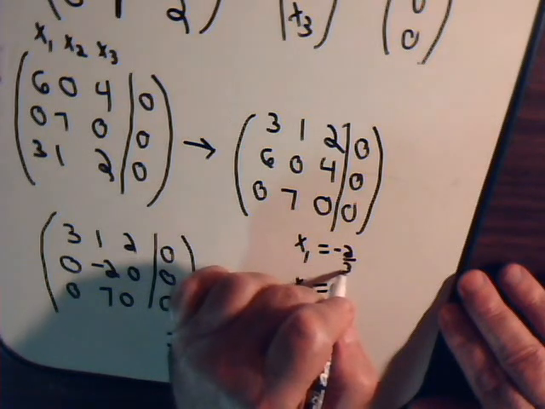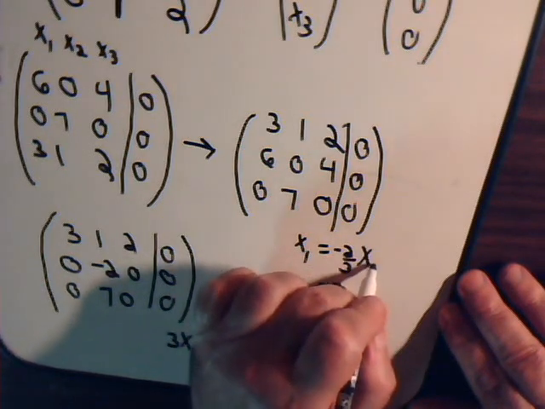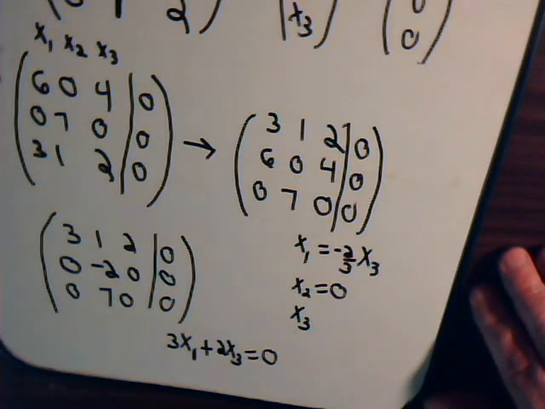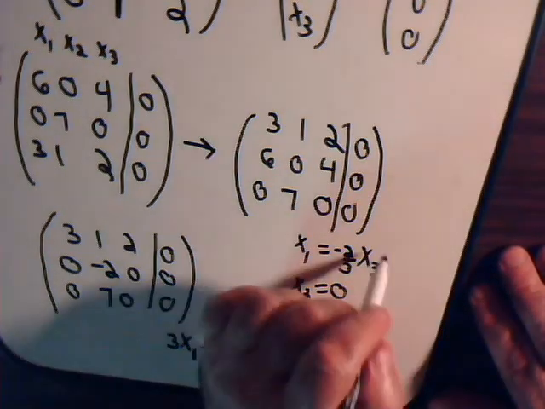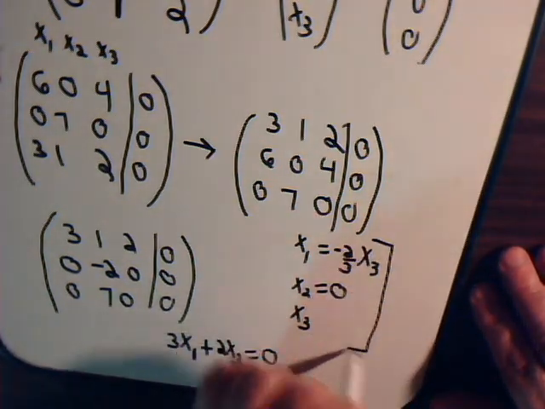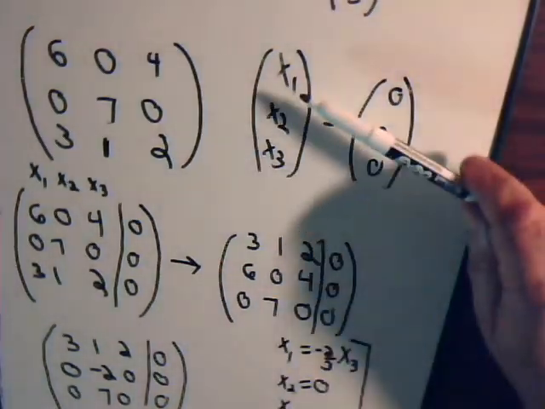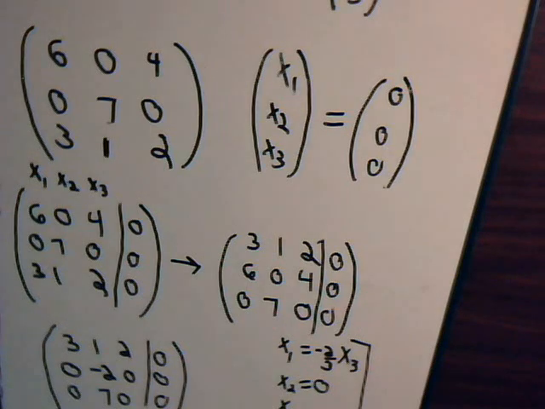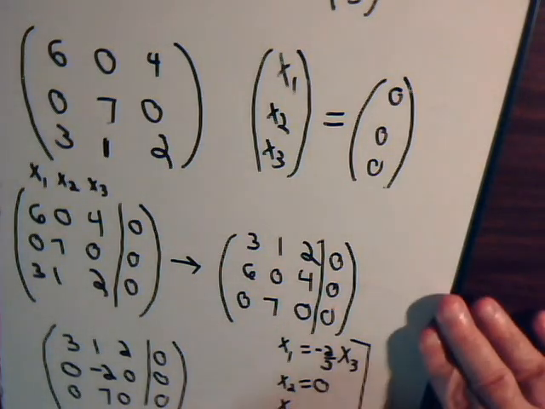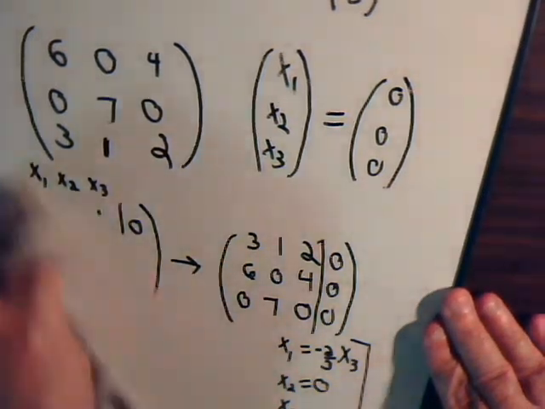Remember, what we do is we always express the lead variables in terms of the free variables. So there's x1, x2, and x3 that we were solving for. So let's just make some room.